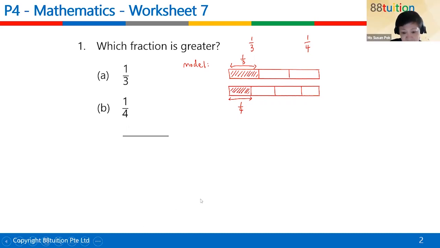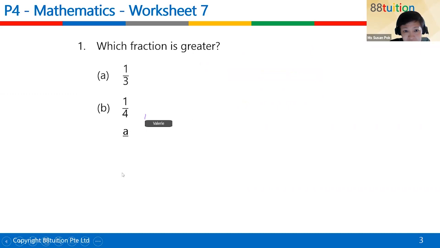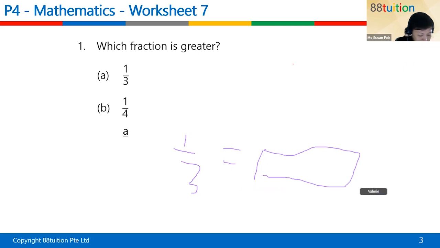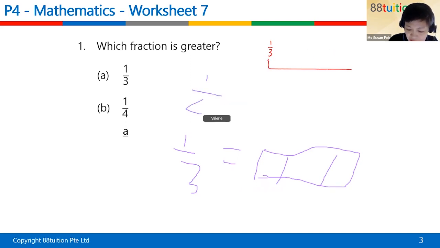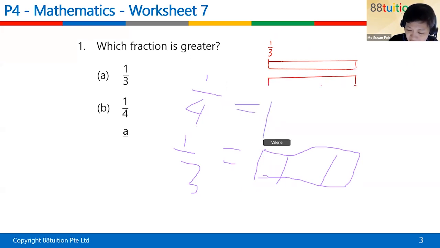You can annotate here. Where did my diagram go? Funny.